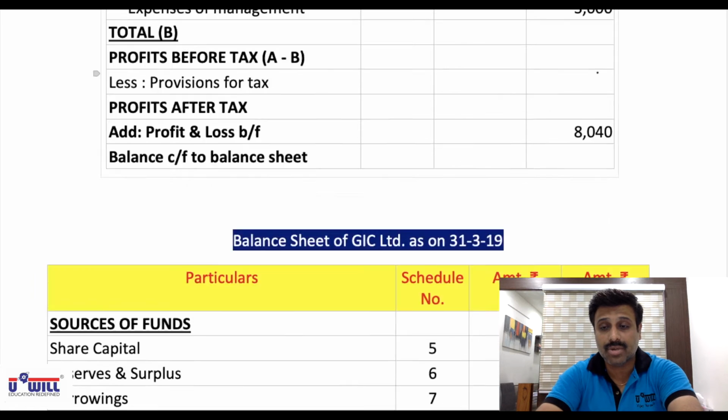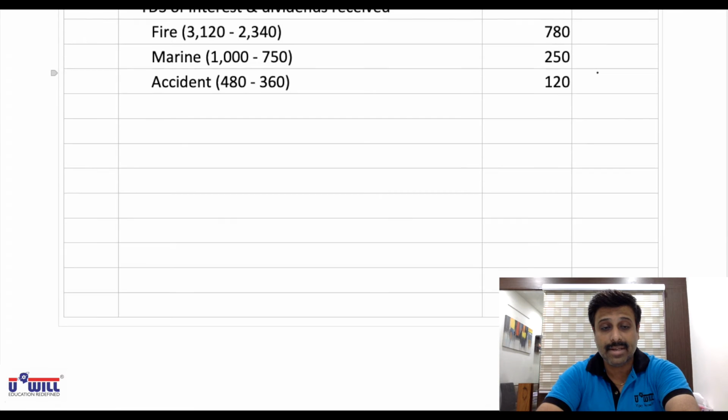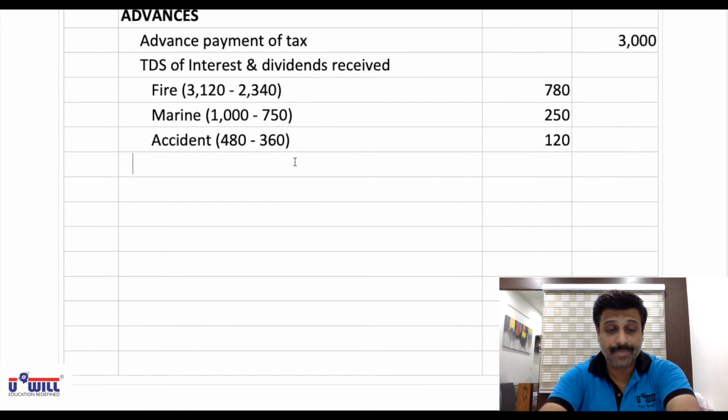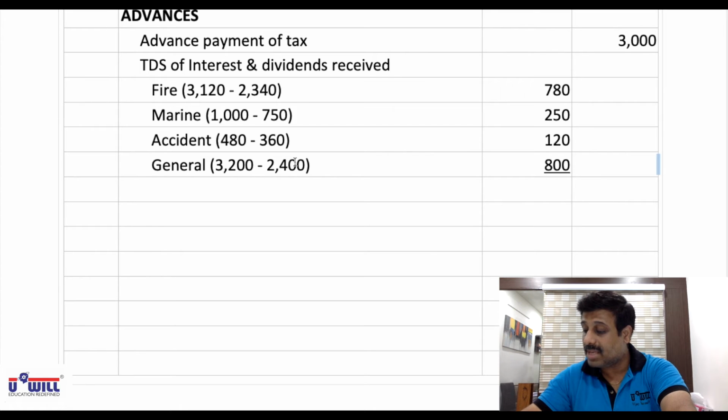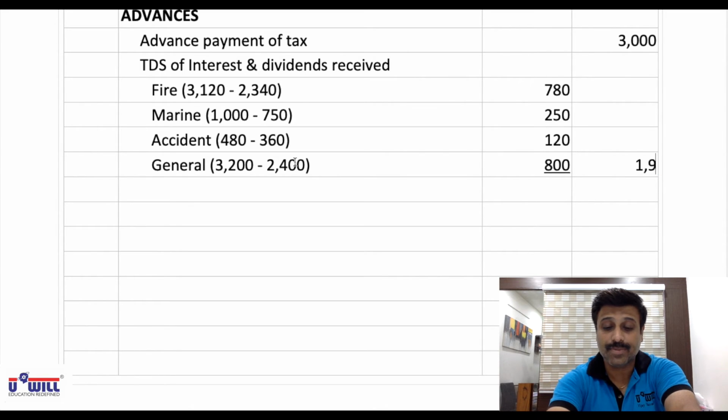So 3200 minus 2400, that is 800. So total amount 780 plus 250 plus 120 plus 800, that is 1950.